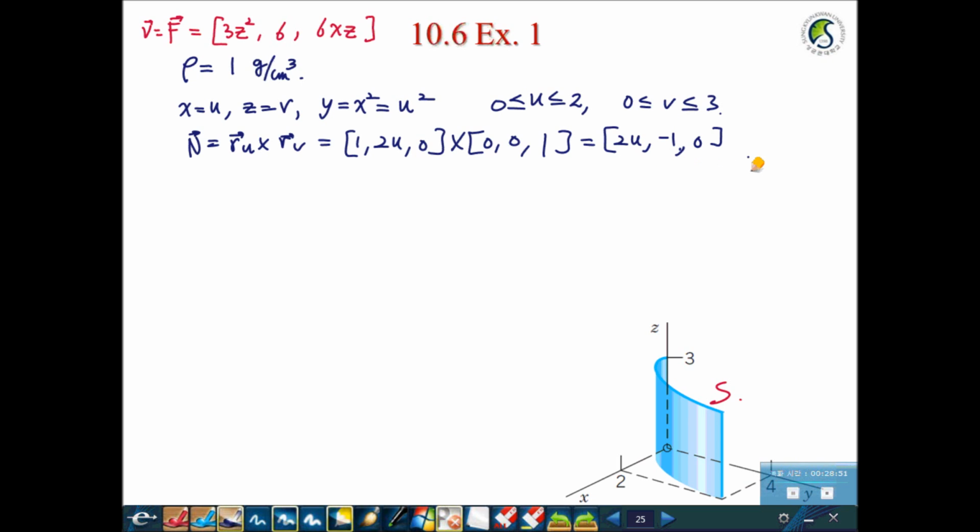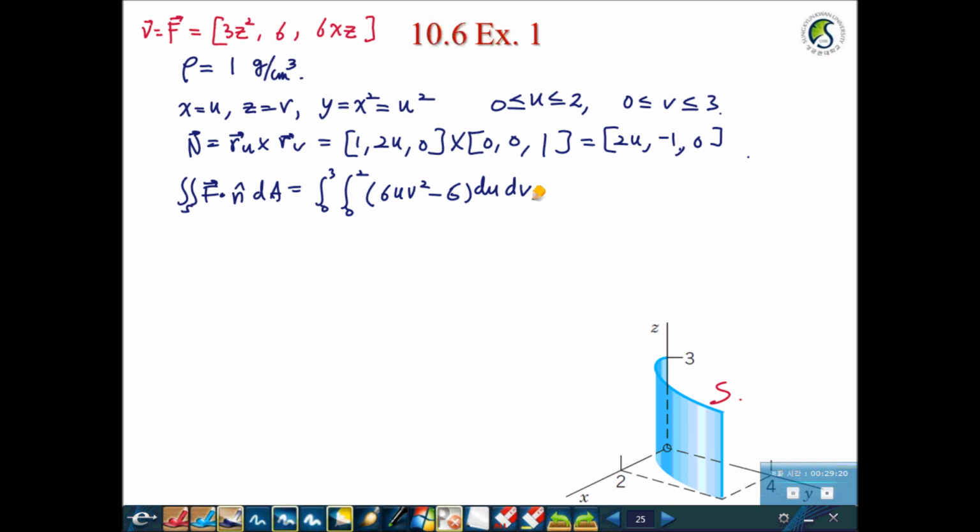And F of S you plug in, x of u, v. So the integral of F dot n dA is from 0 to 3, from 0 to 2, of 6uv squared minus 6, du dv.